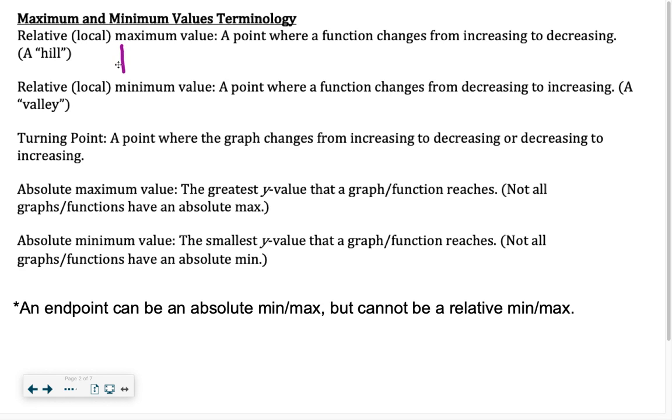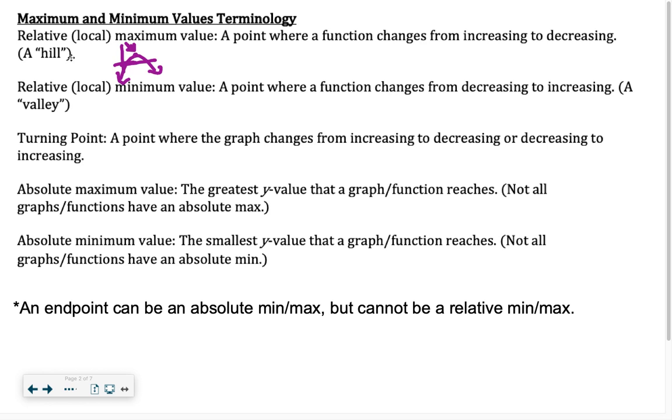So just a small little example could be a function that does this. Okay, so right here would be a local maximum value. Right there would be a local max because the function is changing from increasing to decreasing. Okay, that is a local maximum value.